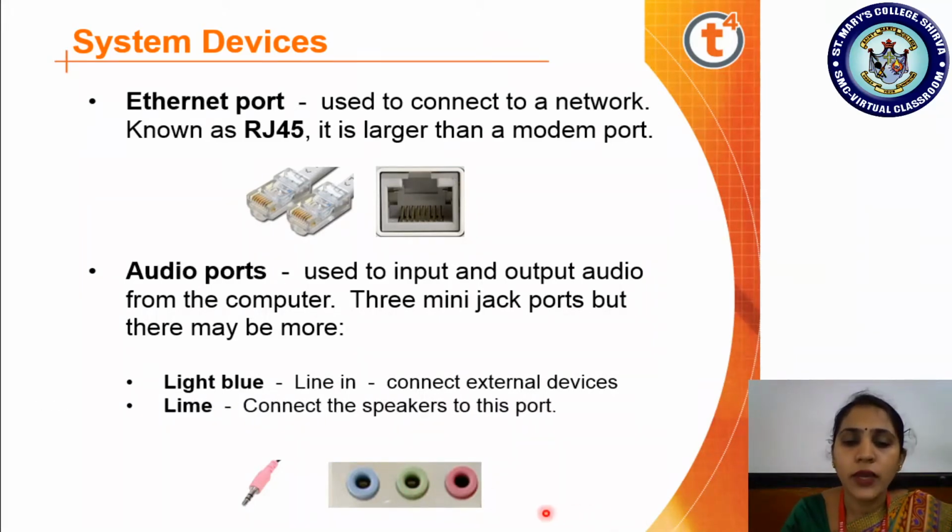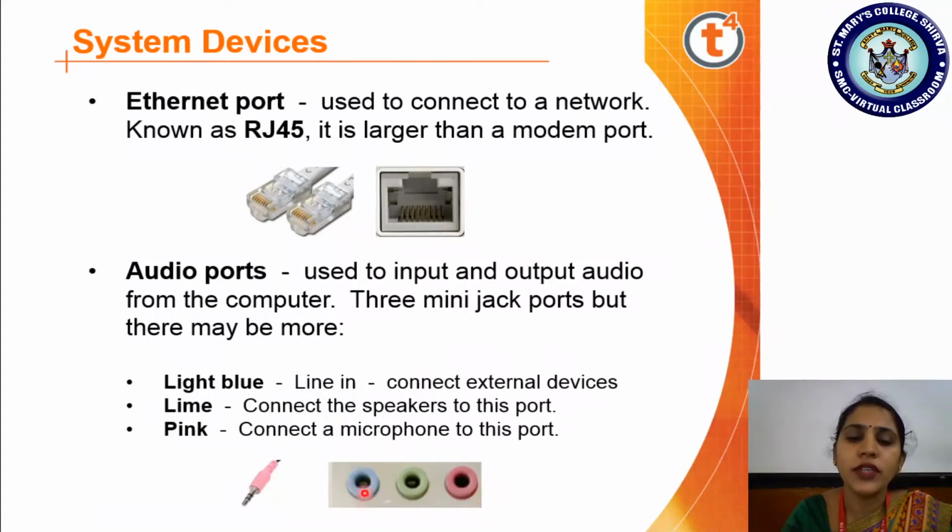The lime color connects to the speakers. Then the pink one connects to the microphone. So this is for external devices, speakers and microphone. These are also found in the system case, with the audio ports.